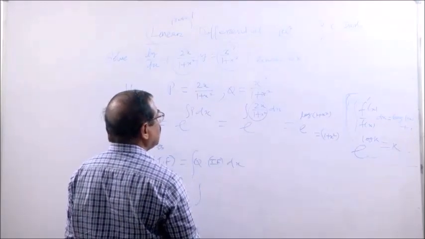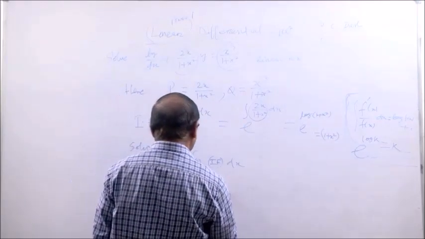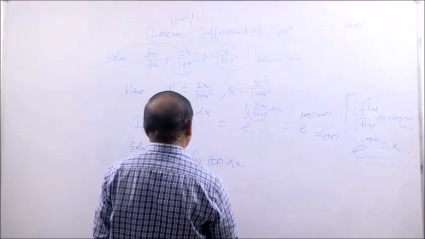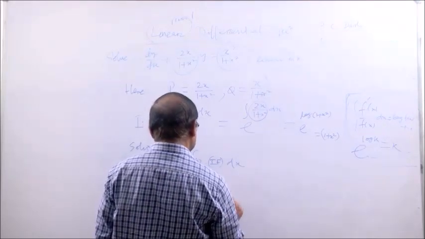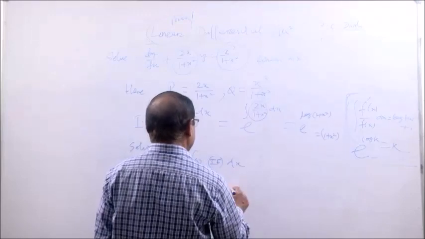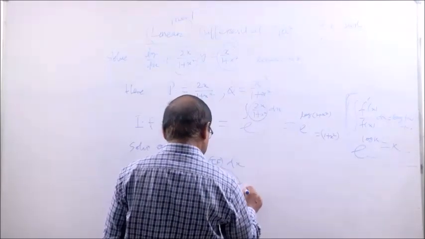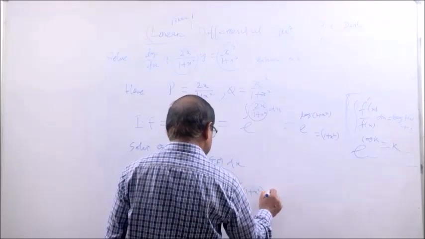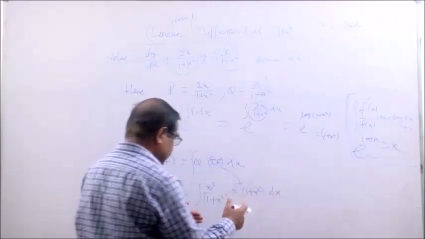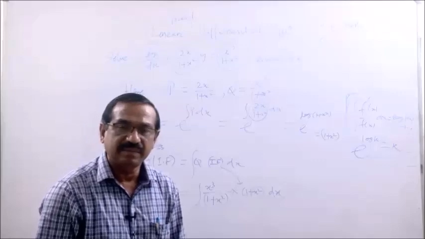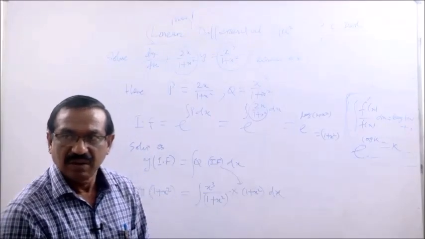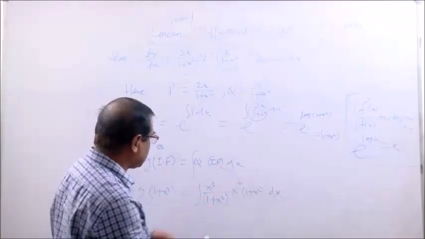Q is x cube by 1 plus x square, into the IF, which is 1 plus x square. The question looks very difficult, but while solving it is so easy. You see, this cancels.